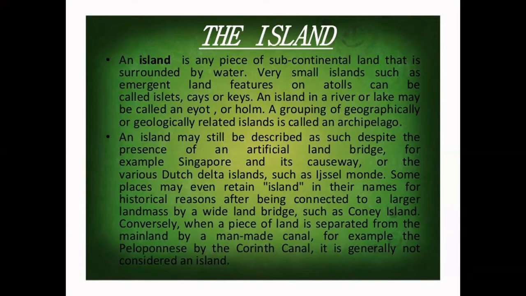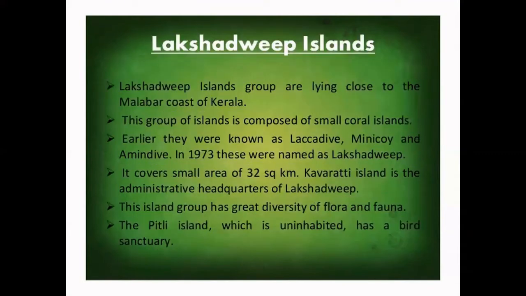When a piece of land is separated from the mainland by a man-made canal, for example the Peloponnese by the Corinth Canal, it is generally not considered an island. India has two groups of islands, the Andaman and Nicobar Islands and the Lakshadweep Islands.